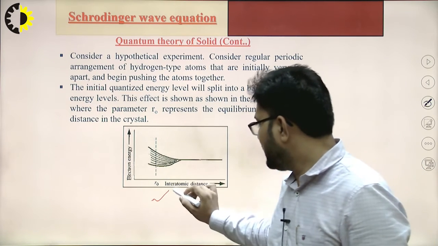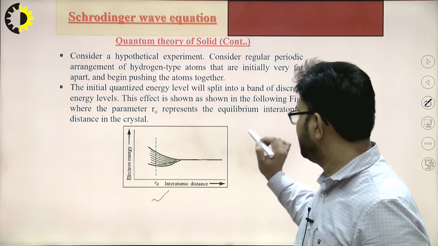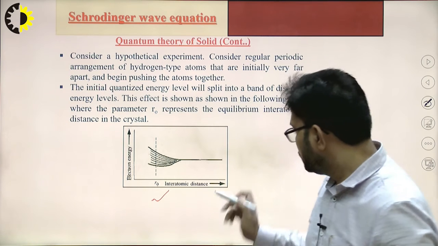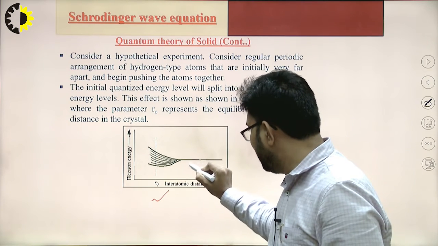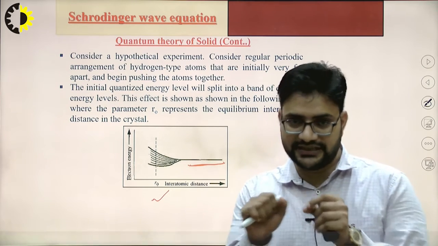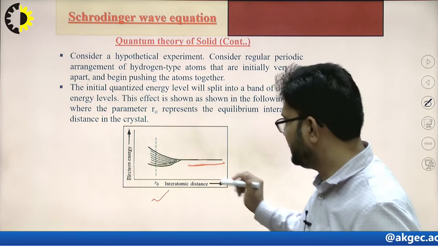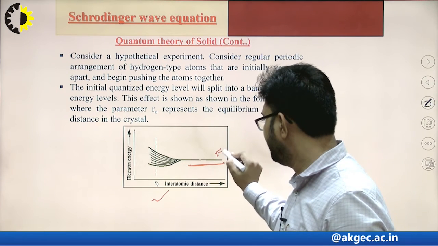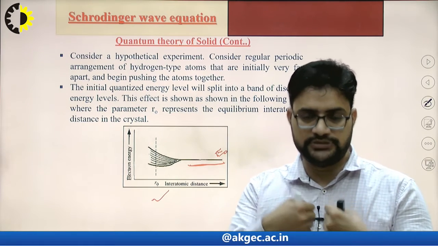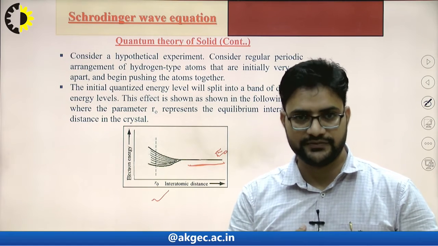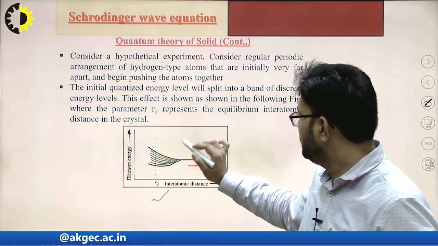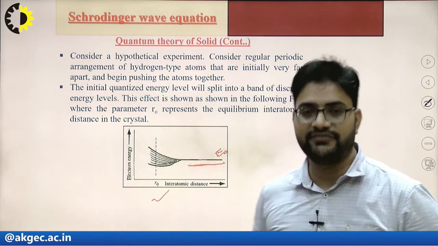Here R naught denotes the equilibrium atomic distance in the crystal. Whenever these atoms are far apart, they have some discrete energy level, say E naught. Now when the atoms are pushed so that they come closer to each other, this energy is split into a band of discrete energy levels.